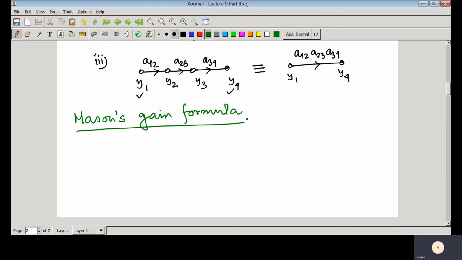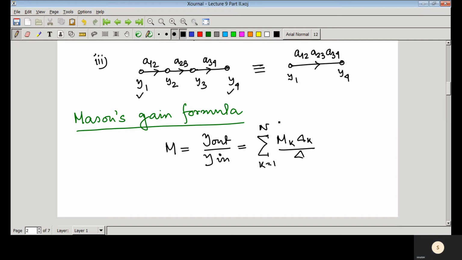So this Mason-Gain formula states that if you have one output node, that is Y out, and if you have one input node, so the gain from input node to output node is summation of Mk delta k by delta, where k equal to 1 to n.